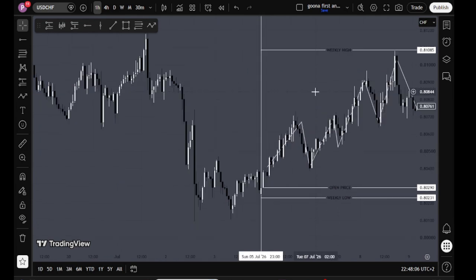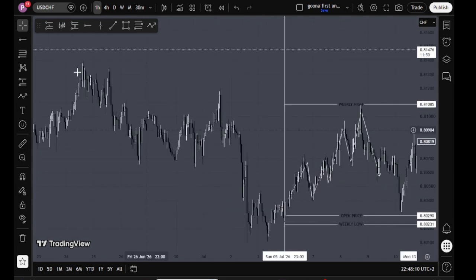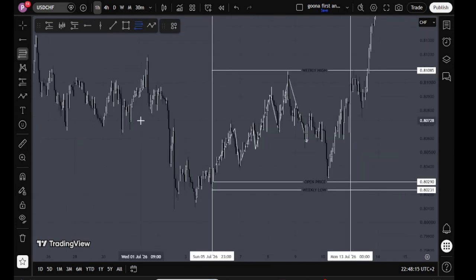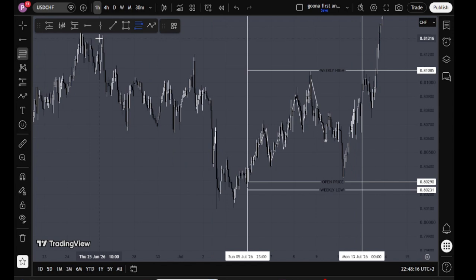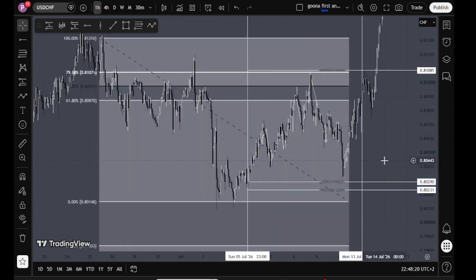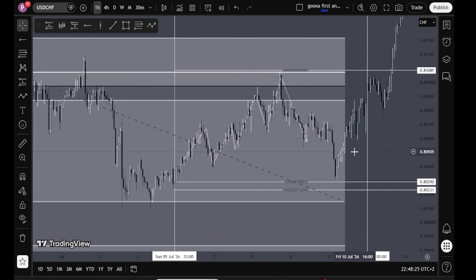So let's say you use the previous week's high, previous week's low, take your fib, push it all the way down this way like this. When it was something like this, you would have used this.